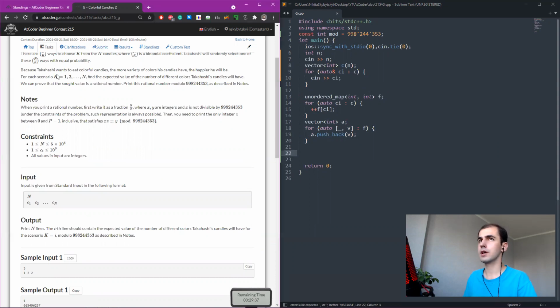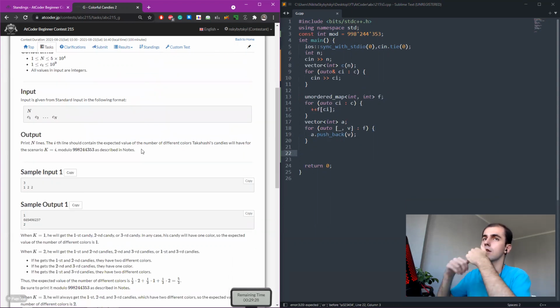You have to do that for each K. For each K, we have to find the answer. Fascinating. For K equal 1 and for K equal n, the answer is very clear.